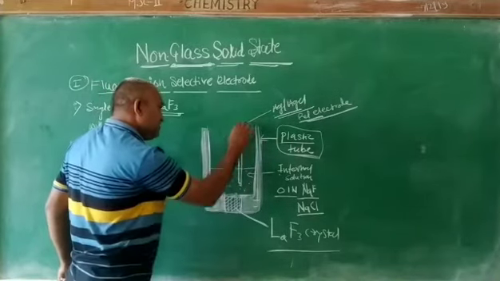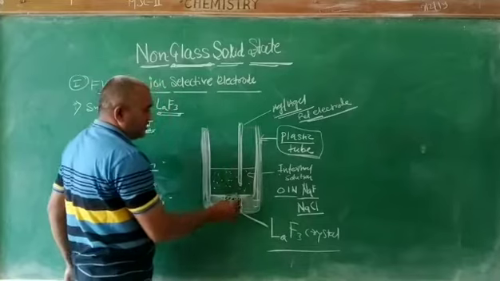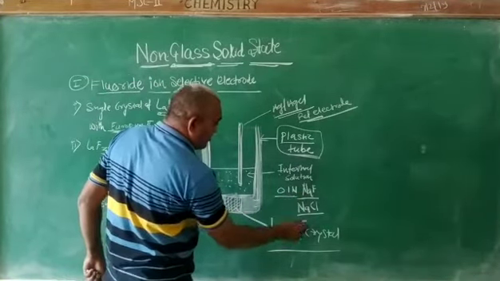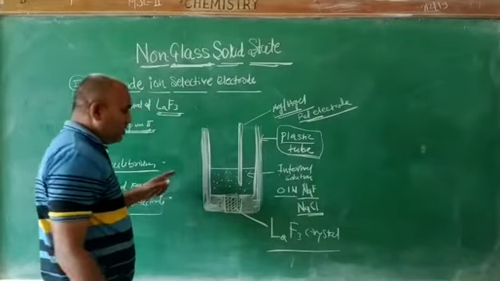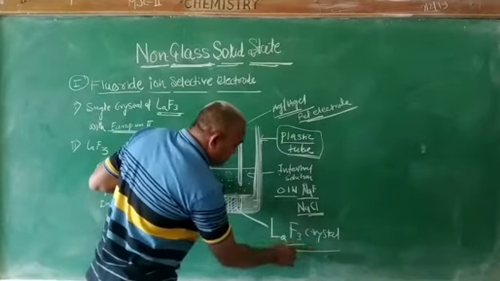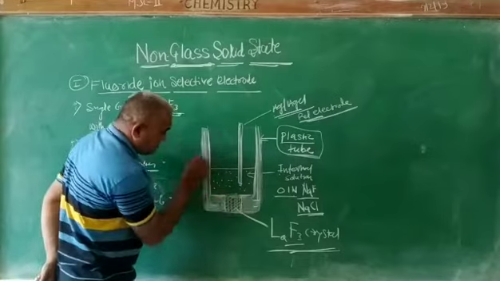Here AgCl is the reference electrode. At the bottom of this plastic tube we keep the LaF3 crystals.